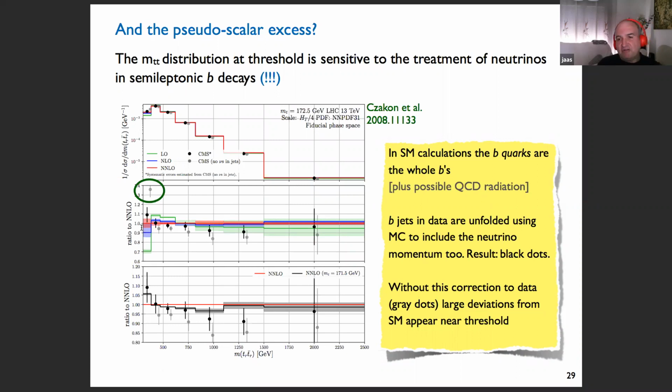And you see how large is the effect near threshold of including or not including this small contribution to the momentum of the neutrinos. So that's it. This is the bump in the TT bar invariant mass spectrum: the neutrinos from the semileptonic B decay, apparently. Because you see that if you include everything correctly, next to leading order is quite close to data.